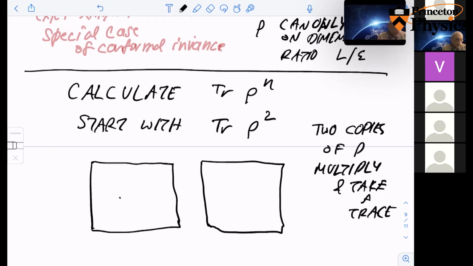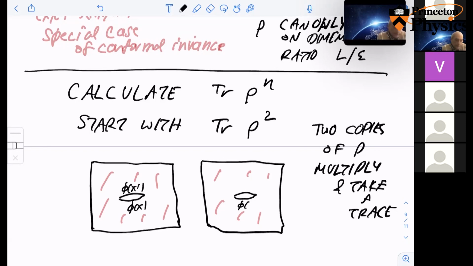So I told you how to make 1 copy of rho. You take the plane and you cut it on the interval I, and you do a path integral outside with specified boundary values. And the boundary values we called phi(x) below and phi(x') above.